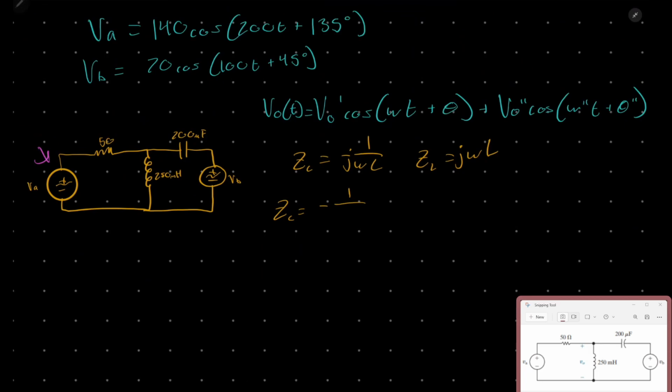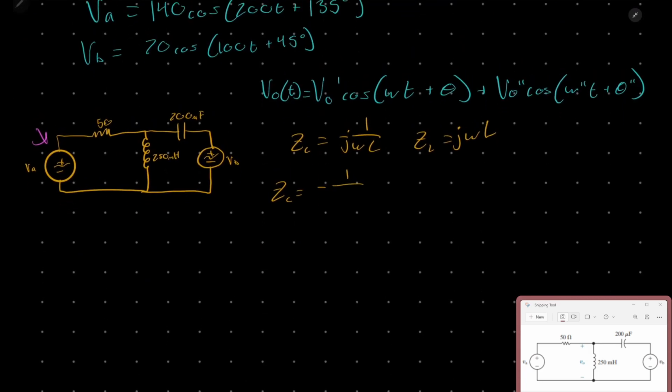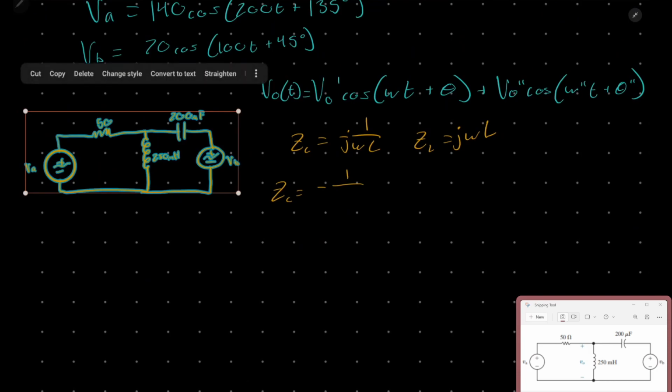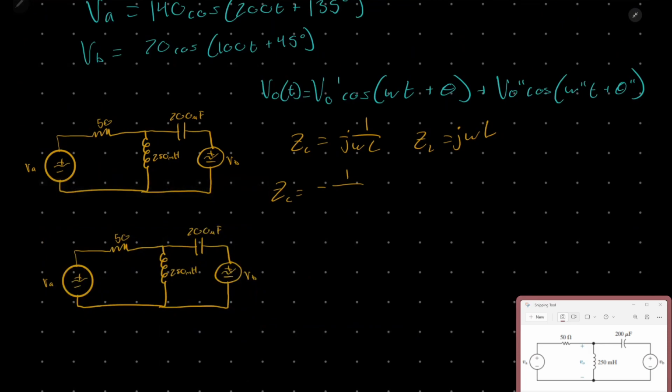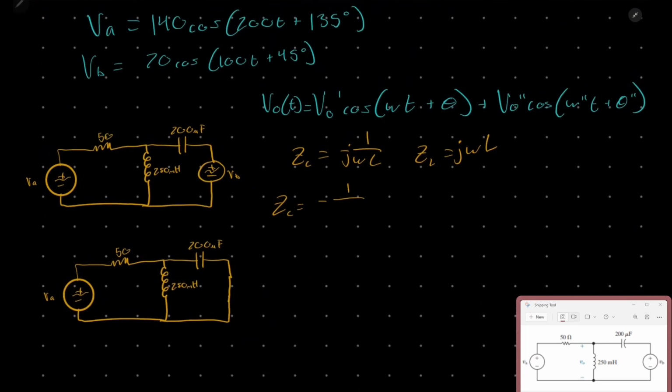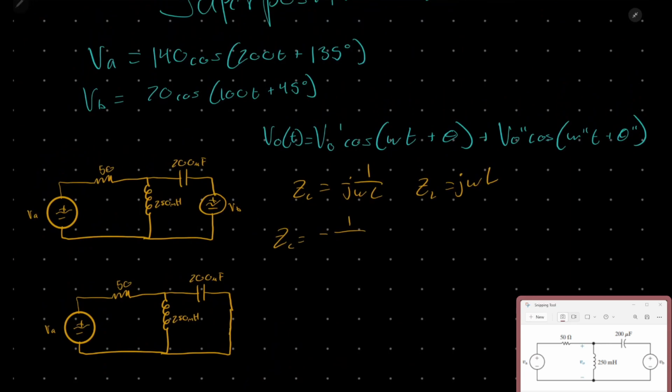And remember, when we're shutting down a voltage source, we turn it into a wire. So let's copy that right there and turn this into a wire. Okay, so now we are using the VA sinusoidal voltage source, and we'll see that our W is 200.